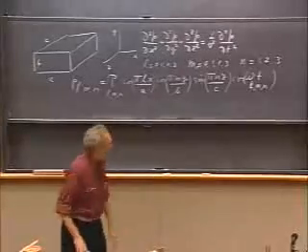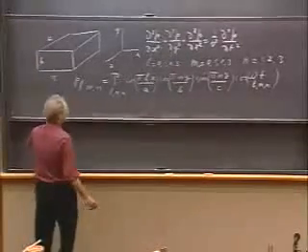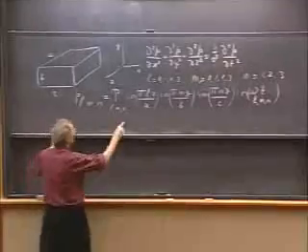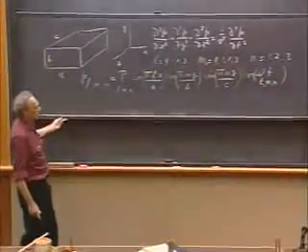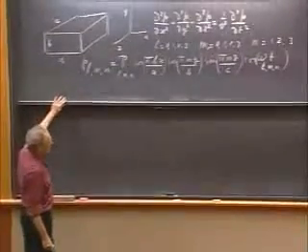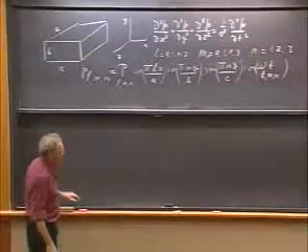Which will give you certain frequencies. And the frequencies that you will get, you will find by substituting this solution back into the differential equation, into the wave equation, which gives you then always the connection between omega and k.